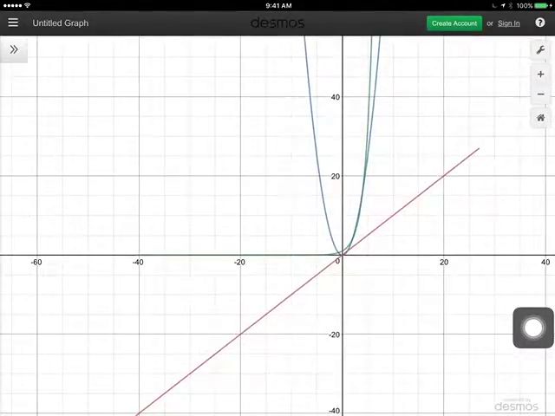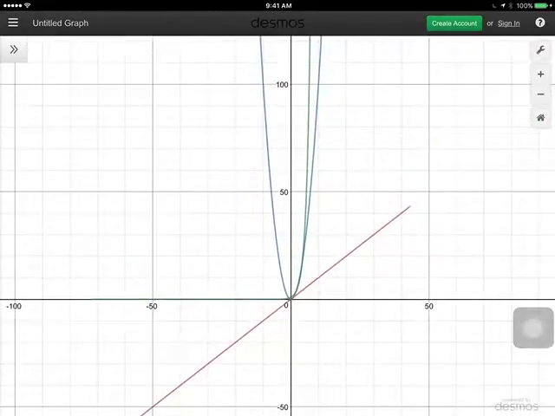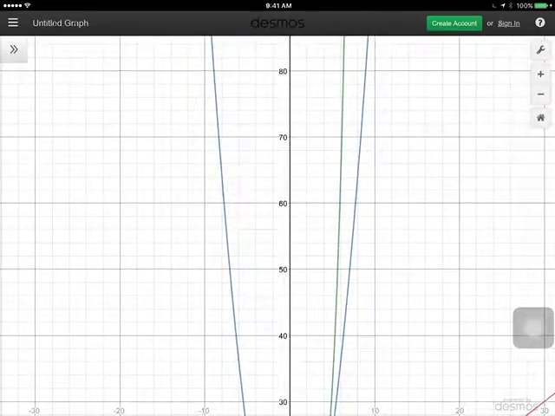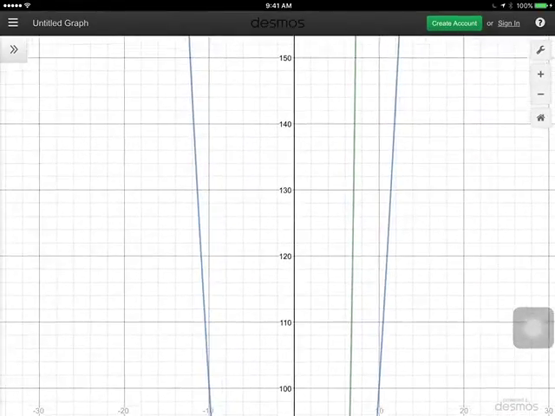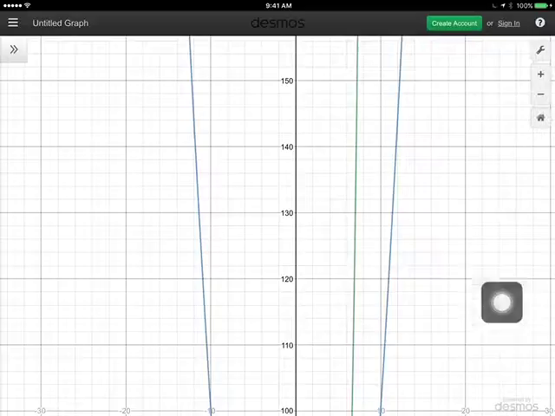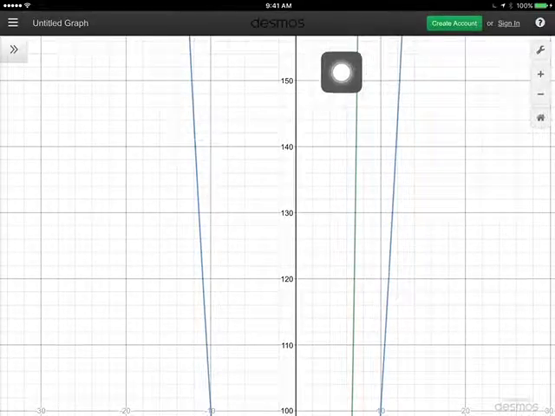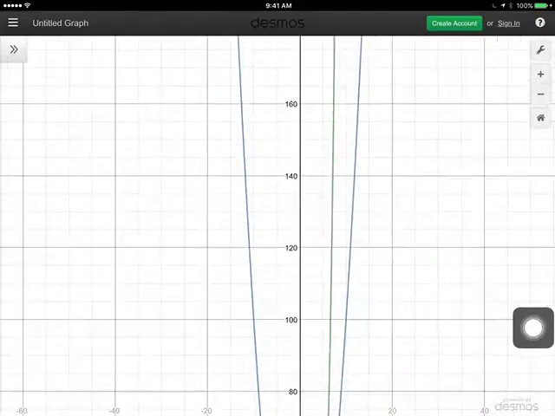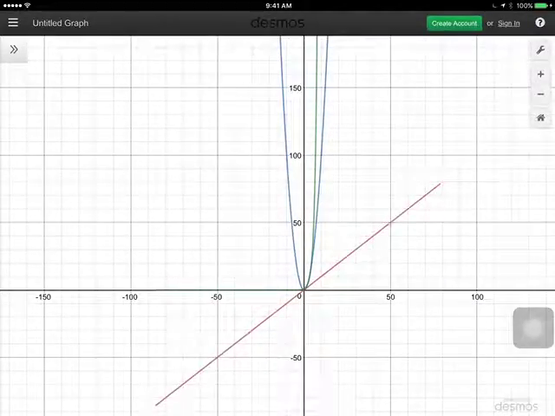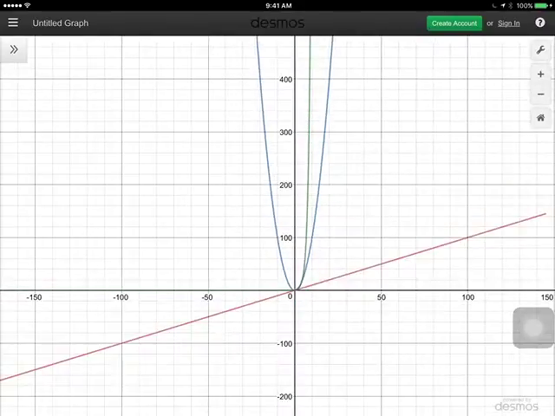If I shrink this down, we see that the exponential suddenly surpasses in terms of rate. So you can see that the quadratic, the blue line, is definitely not increasing in value as fast as the exponential, the green one. So we can see the difference between the three using Desmos.